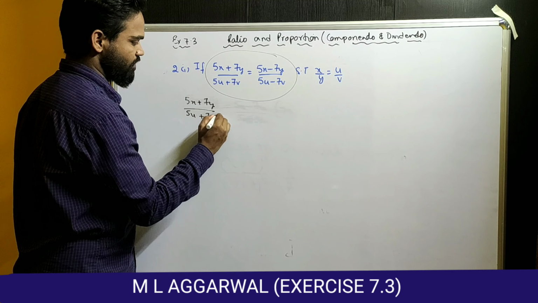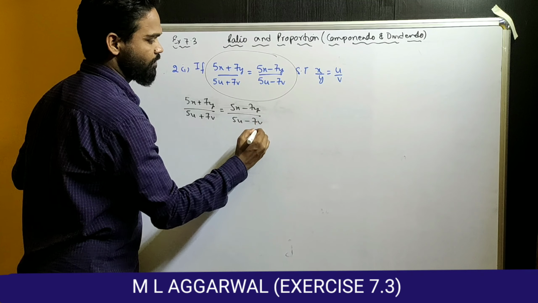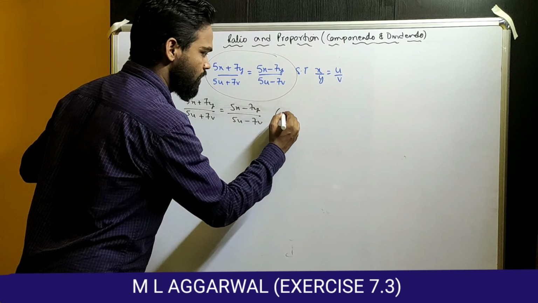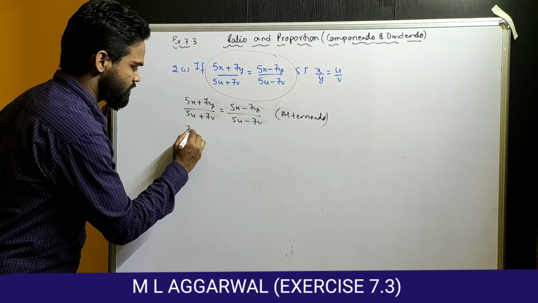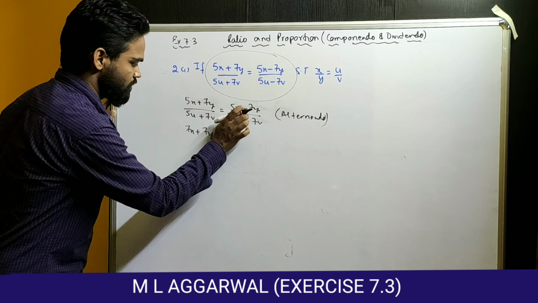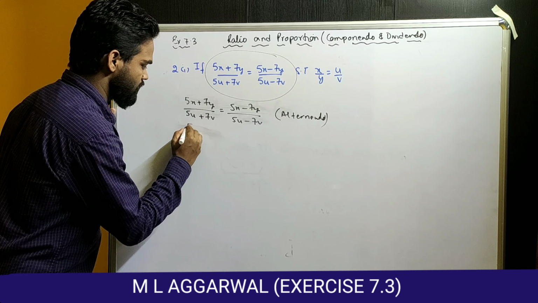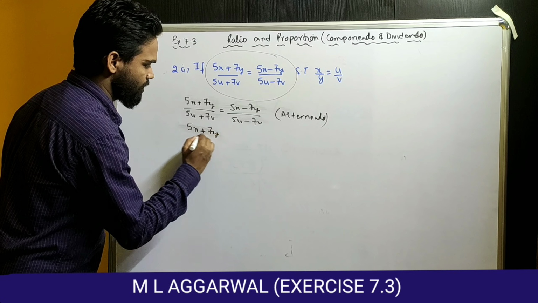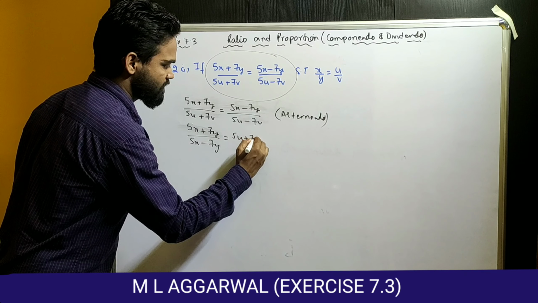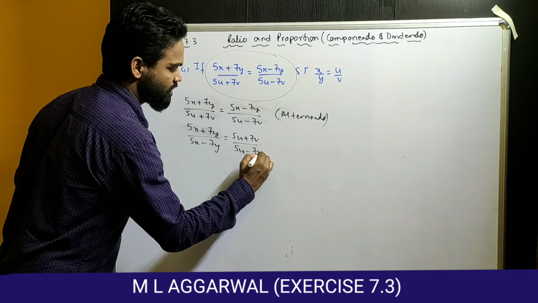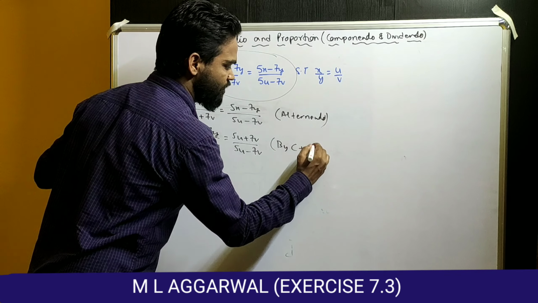Now, by alternendo, we can write (5x plus 7y) by (5x minus 7y) equals (5u plus 7v) by (5u minus 7v).